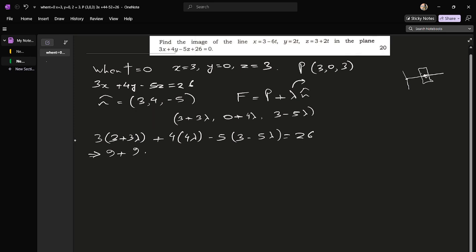It will be 9 plus 9 lambda plus 16 lambda minus 15 plus 25 lambda equals minus 26. Sorry, some typo. The given equation of the plane is 3x plus 4y minus 5z plus 26 equals 0, so the right side will be minus 26. Extremely sorry.